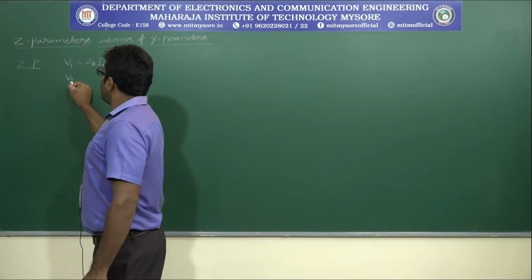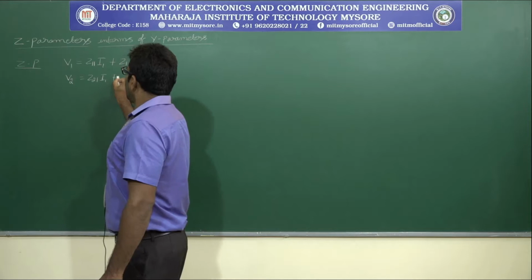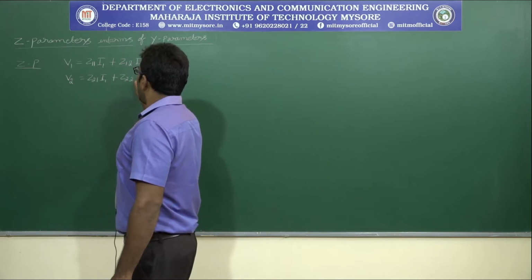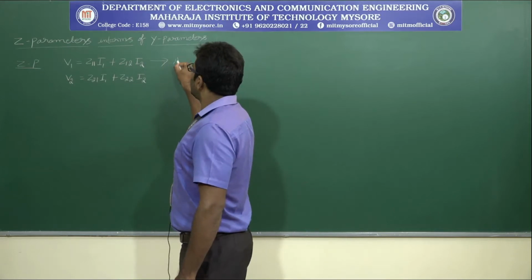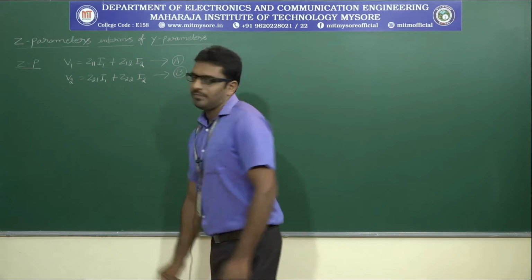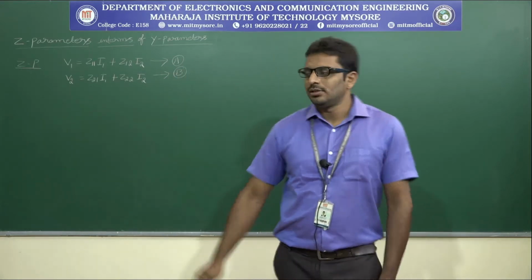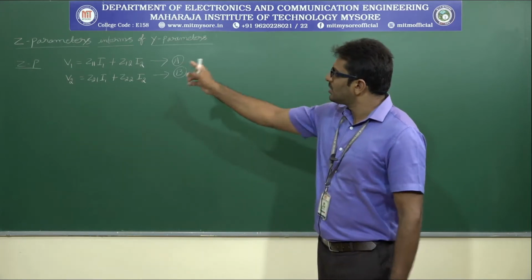Next, V2 is equal to Z21 I1 plus Z22 I2. So, these two are the Z parameter equations. Is that clear?